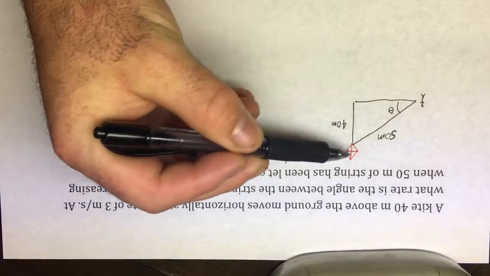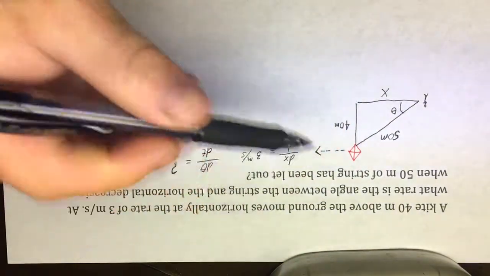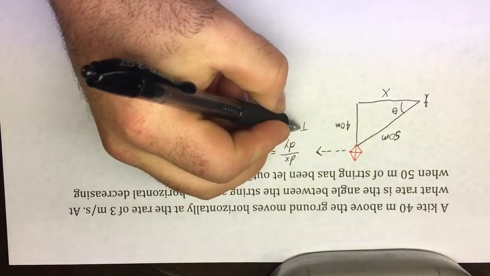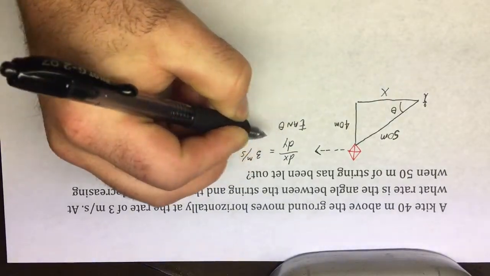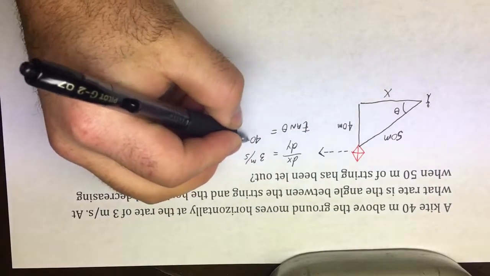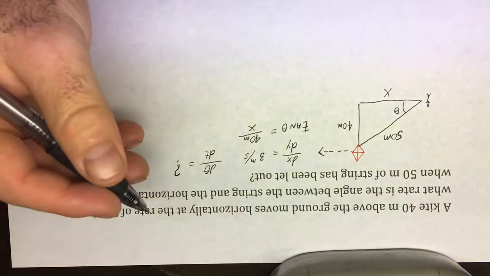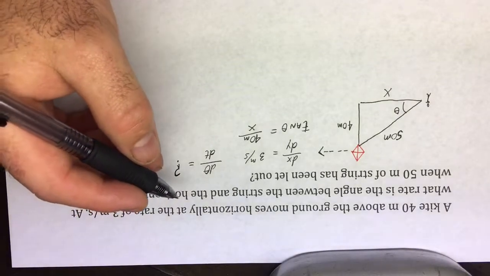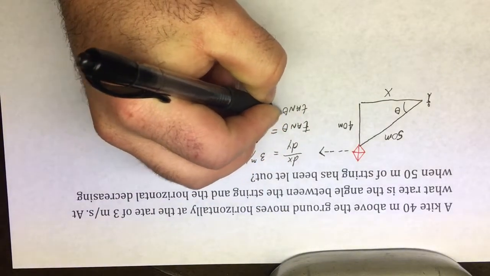So looking at a triangle, we know that the opposite over adjacent is, of course, tangent. So we'll label that as so: tangent theta equals the opposite over adjacent, 40 over x. We still don't know what x is yet. I'm going to rearrange this equation to make it simpler for us to see.